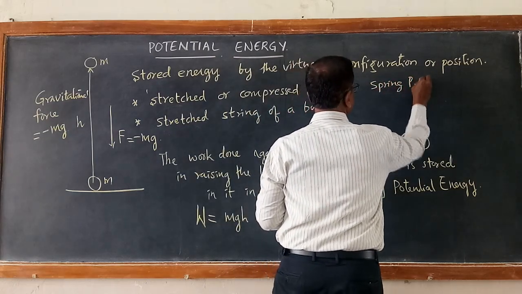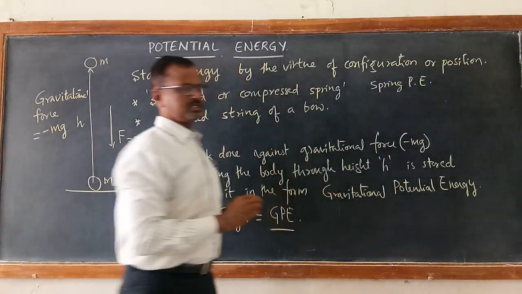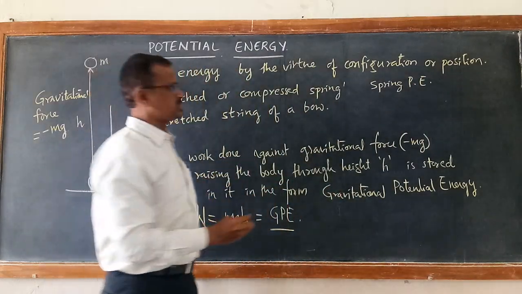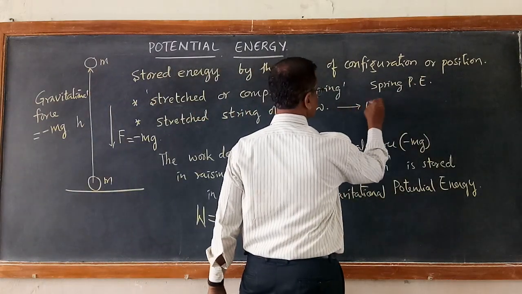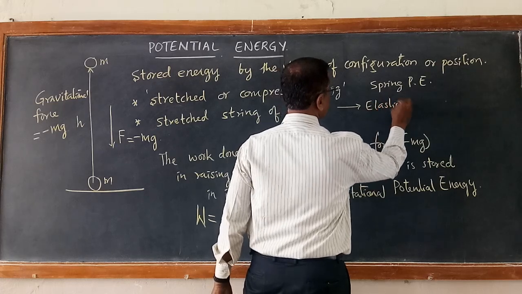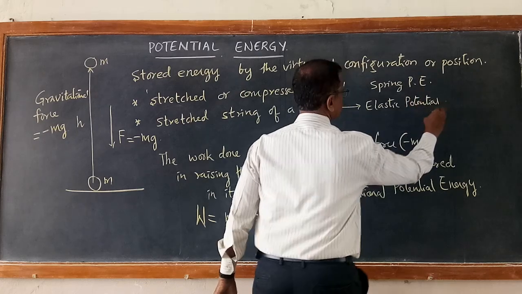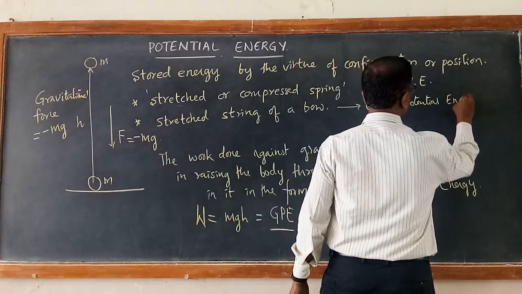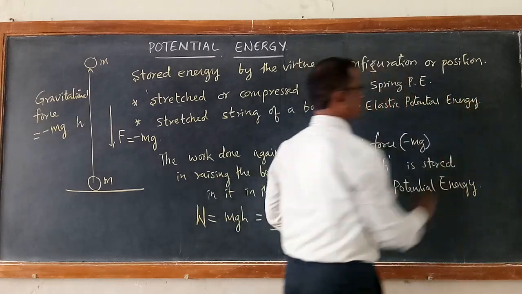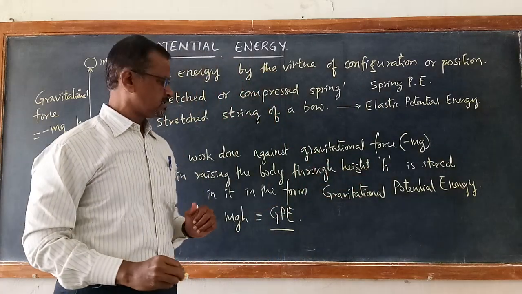And in the case of the stretched bow, you can say elastic potential energy. So in this way, we should be able to identify the different types of potential energies.